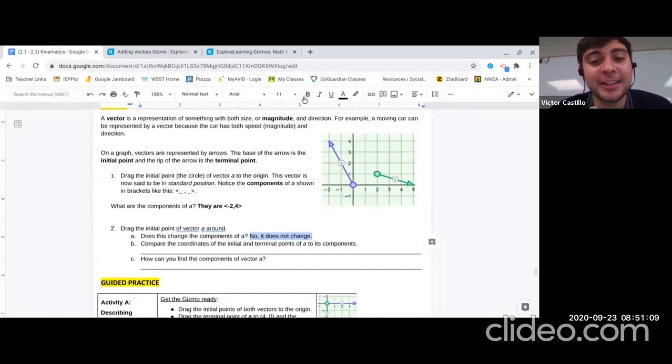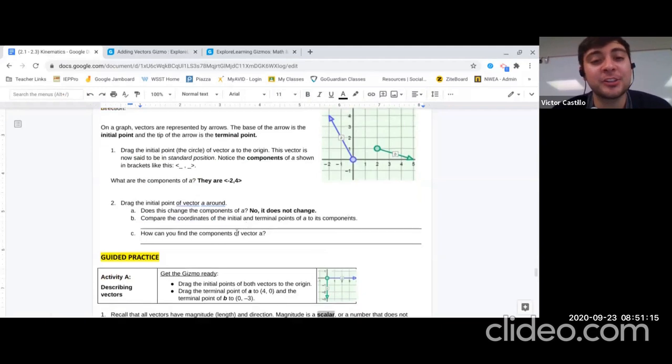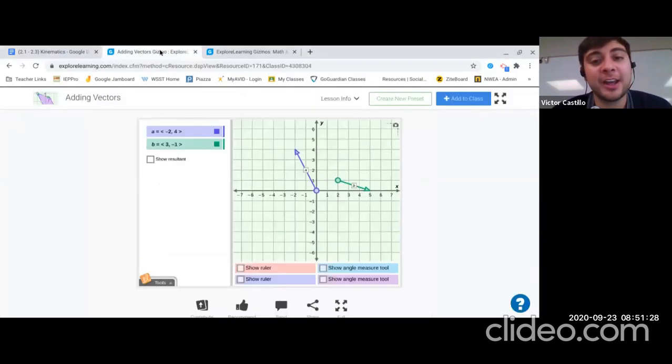Awesome. Let's look at the next question. It says, compare the coordinates of the initial and terminal points of A to its components. That's just instructions. How can you find the components of vector A? All you have to do is start at the origin point and move accordingly.